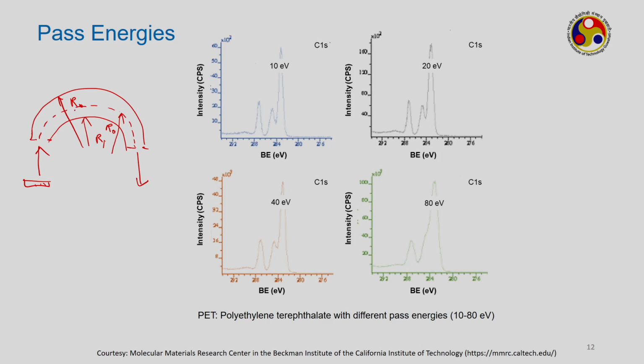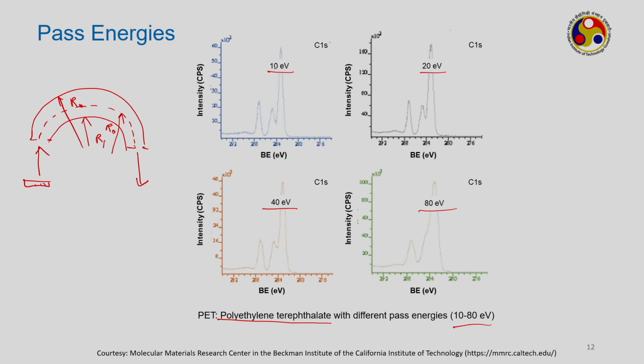If you allow the electrons with different energies to pass through, let us say 10 electron volt, 20 electron volt, 40 electron volt and 80 electron volt, then as you increase the pass energy through which electrons pass through R naught and exit, you will get a higher and higher intensity peak. For example, this is a spectra of polyethylene terephthalate, PET, with different pass energies.